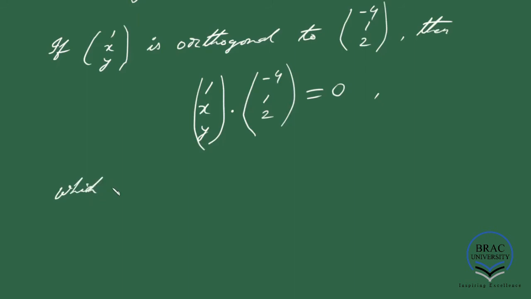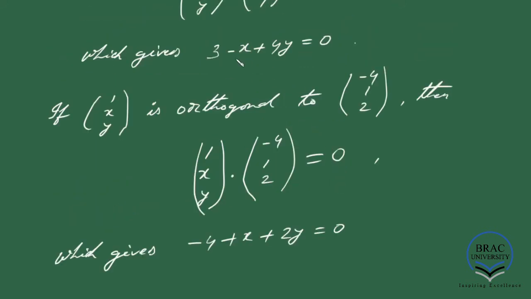So you take the dot product, multiply the corresponding entries and then add all of them up, so it becomes -4, then x multiplied with 1 gives you plus x, then y multiplied with 2 gives you 2y, which is also equal to 0.